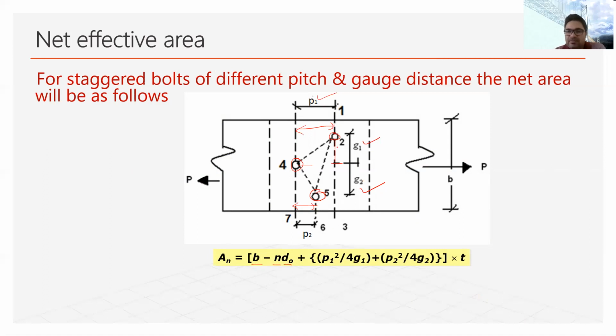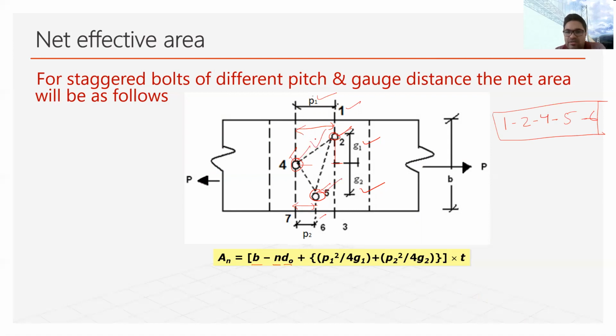If we are taking, for example, the section 1, 2, 4, 5 and 6, in this section there are 3 holes, but there are 2 inclined planes.